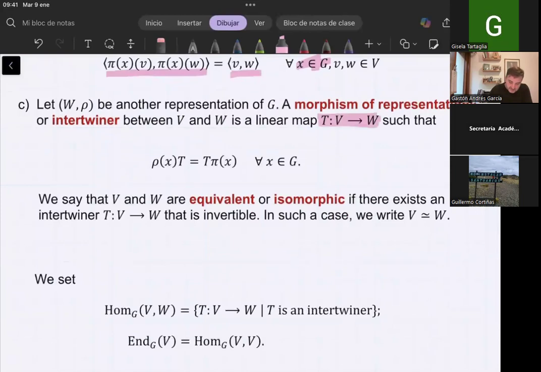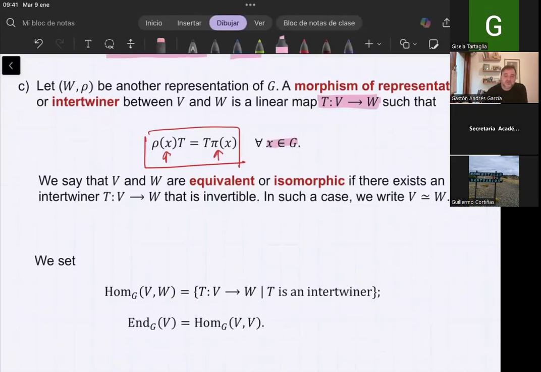In other words, the action in W composed with T is the same as T composed with the action in V. So in some sense, T commutes with the action of x. Commutes means that if it acts first in V and then in the image acts on W, okay? And it has to work for any x in the group.